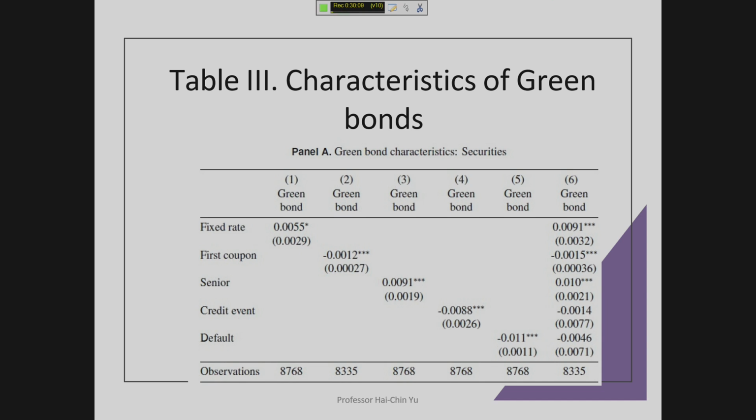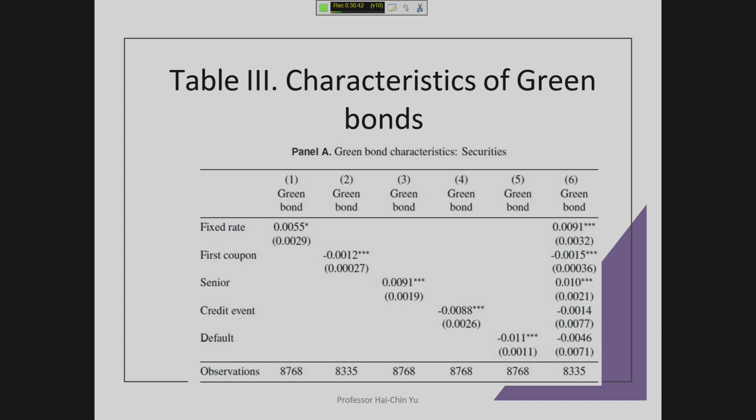So we can see most likely a green bond is fixed rate, and it's a lower coupon, and most of them have a senior option, and usually don't have a credit event, and their default rate here is negative, but it is inconsistent with the story.